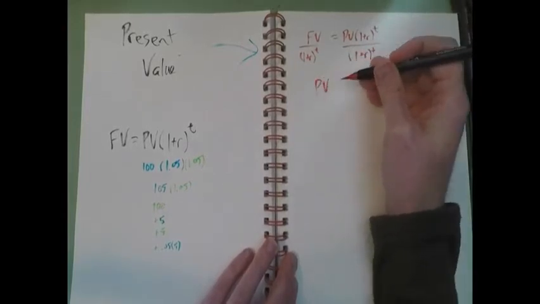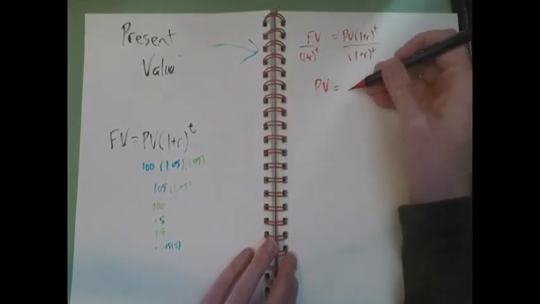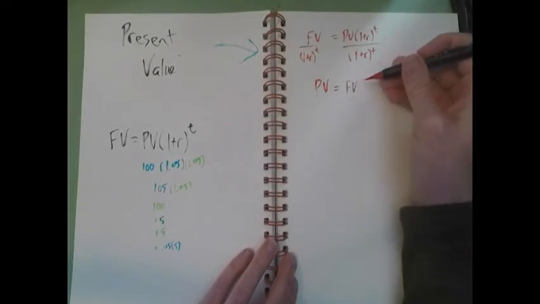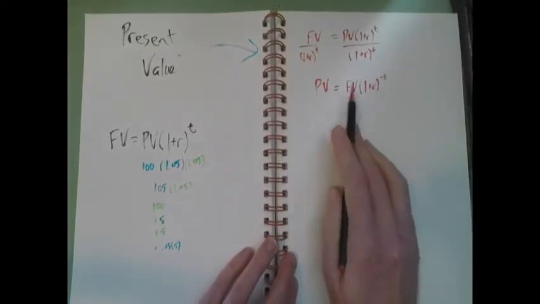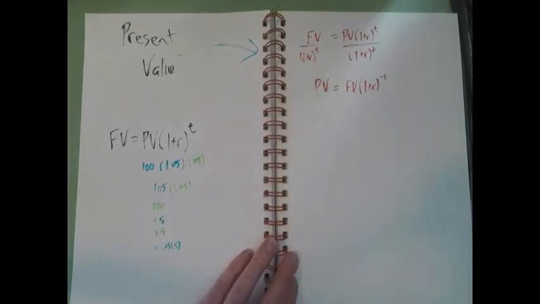Present value equals future value divided by this. And actually, there's a convenient rule of exponents that lets us say it's 1 plus r to the power of negative t. These two statements are equivalent.